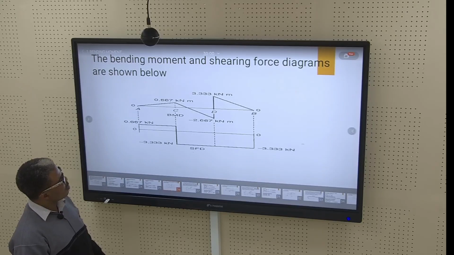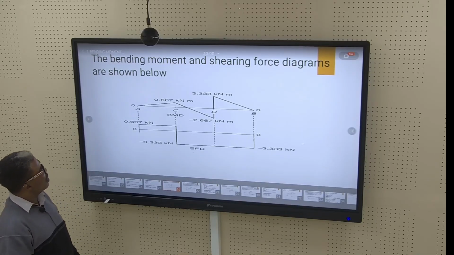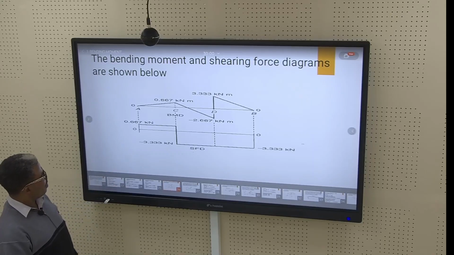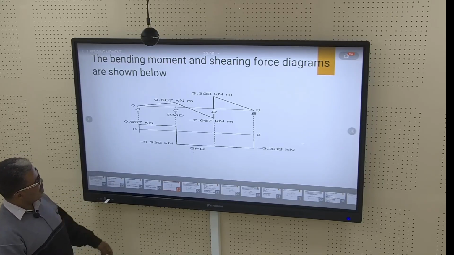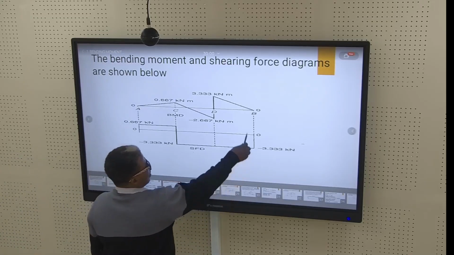Then going back to origin. So for the shearing force, the positive is 0.667 kilonewton, and the negative is 3.33. Then going to the origin position where we had the reaction here, reaction at B.